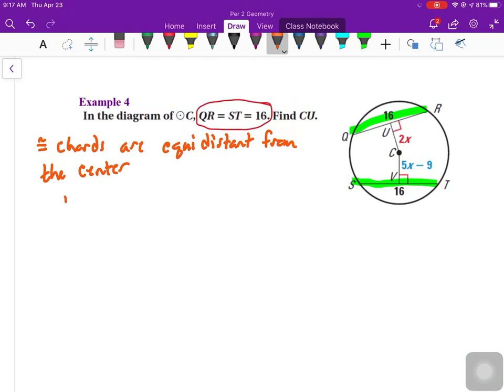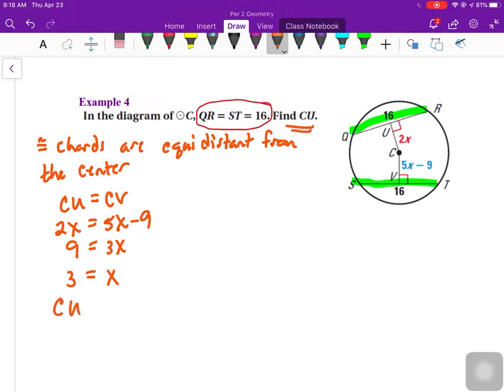And that would tell us that CU will equal CV. 2x will equal 5x minus 9. So 3x equals 9. x will equal 3. They ask us to find CU. CU, 2 times 3. CU would be 6.